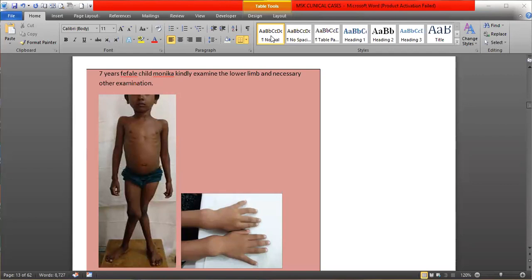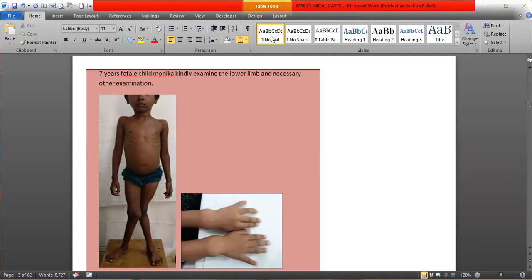Now, Monica, will you sit on the couch for me? I am closely looking at both legs to see if there is any muscle wasting. I can see muscle wasting is present, and I am looking for limb length discrepancy. There is no discrepancy.